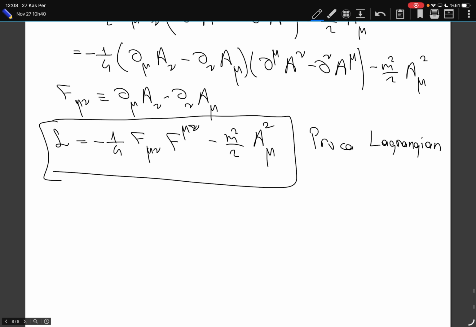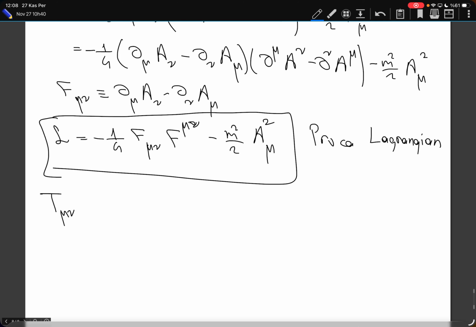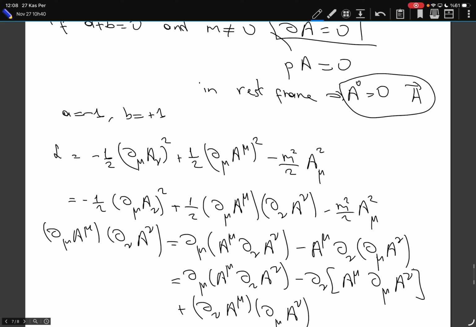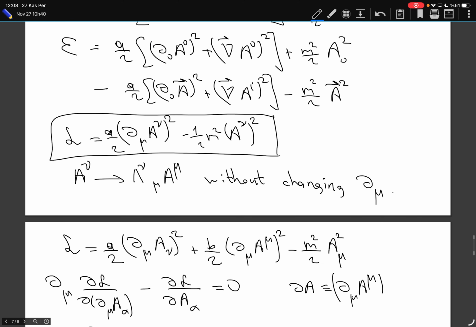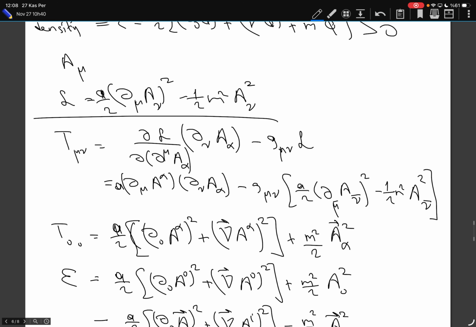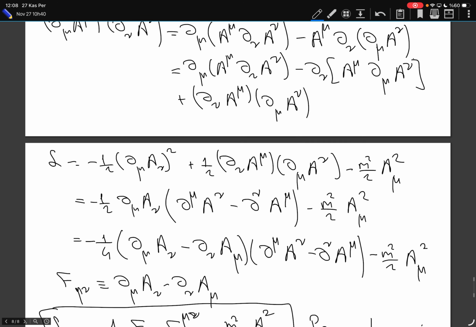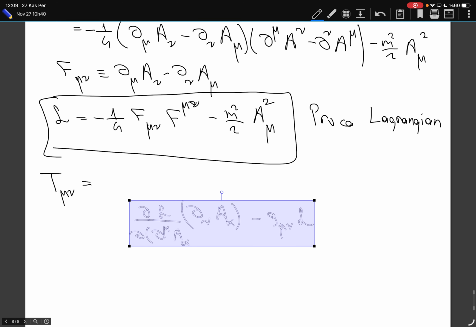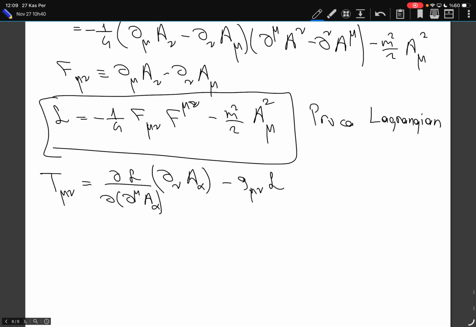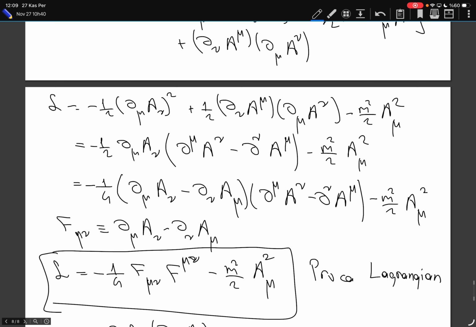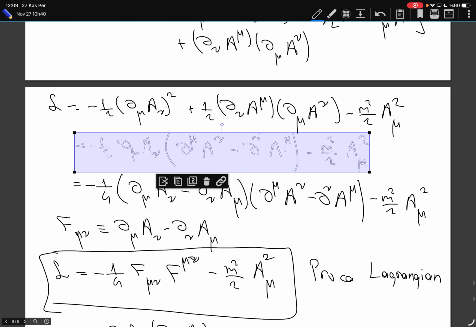Well, now let's look at what happens to our energy momentum tensor. What is T mu nu? Now this will be equal to, well, I already wrote down that doesn't change that expression of the energy momentum tensor. This is my energy momentum tensor. So, by the way, could you follow how I went from this step to this one?